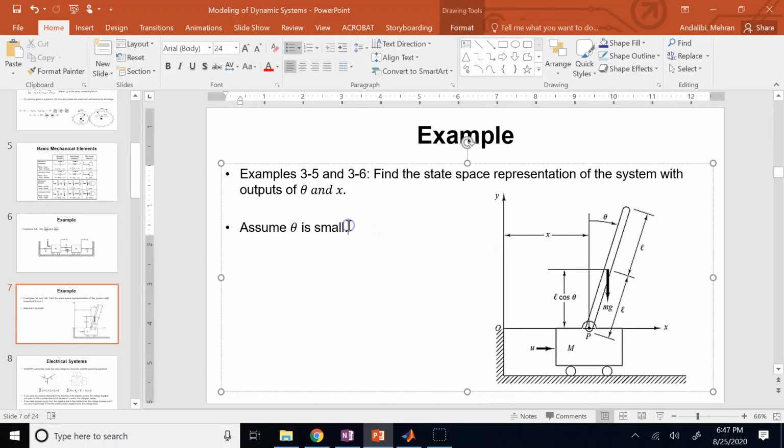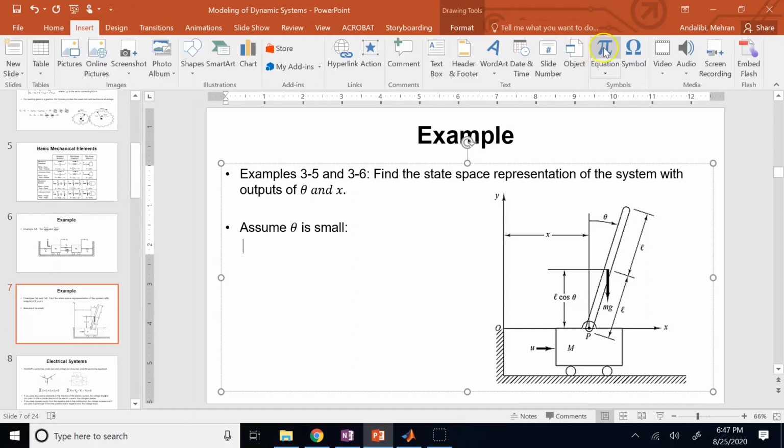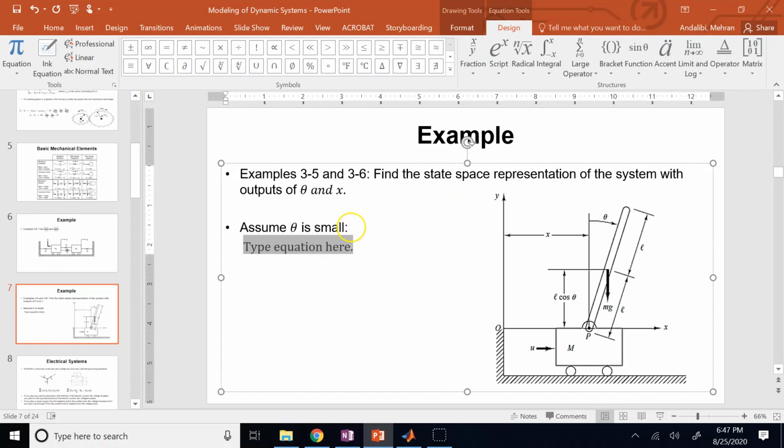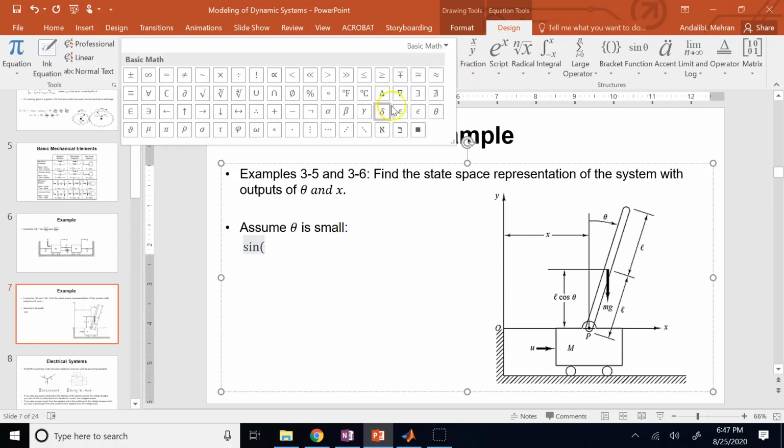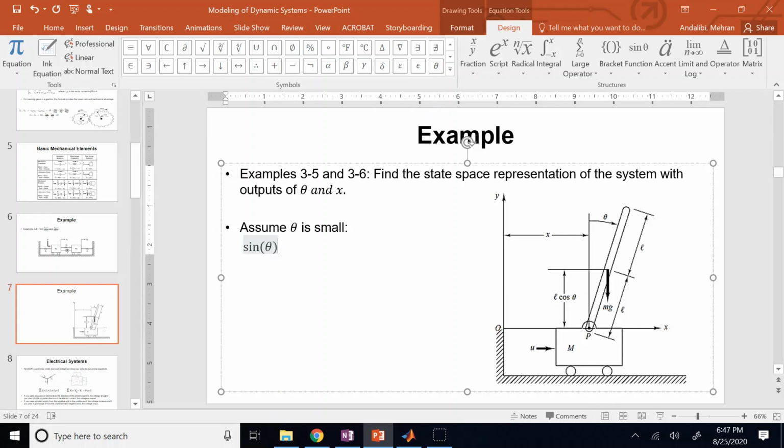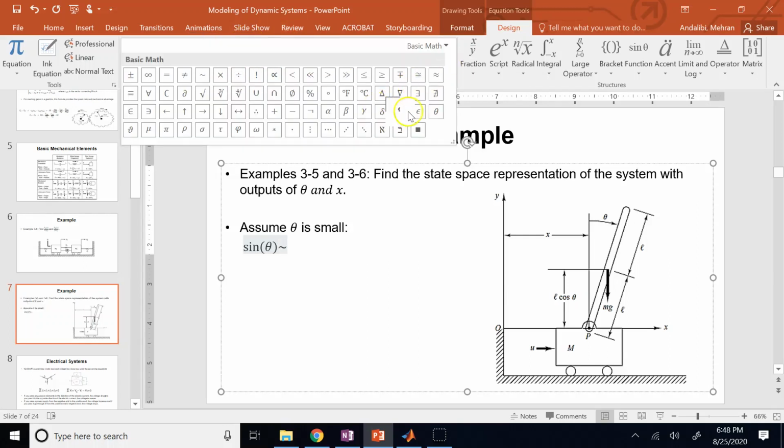When I say this, small means how much roughly? It means less than 6 degrees. Okay, so it means sine of theta is to be approximated by theta.